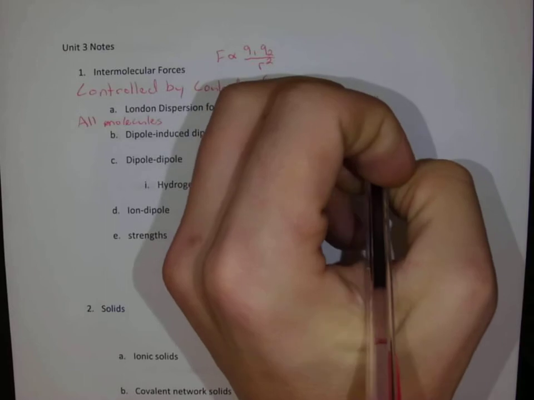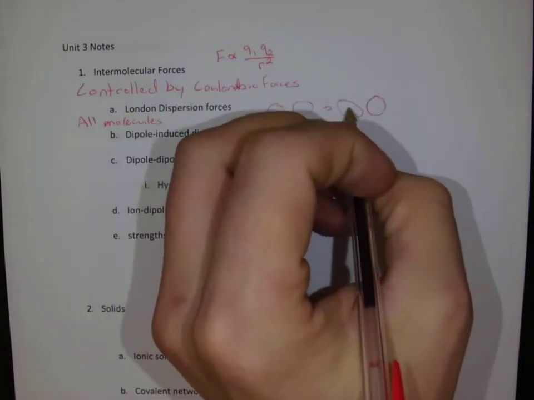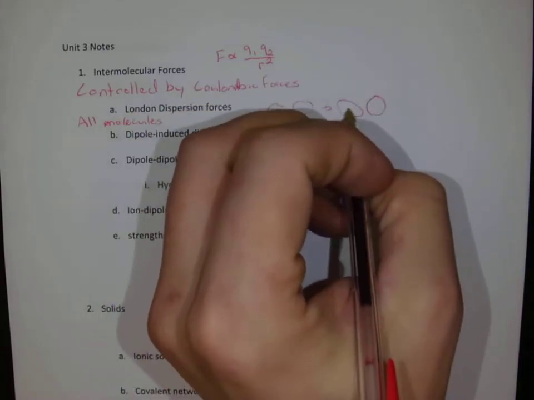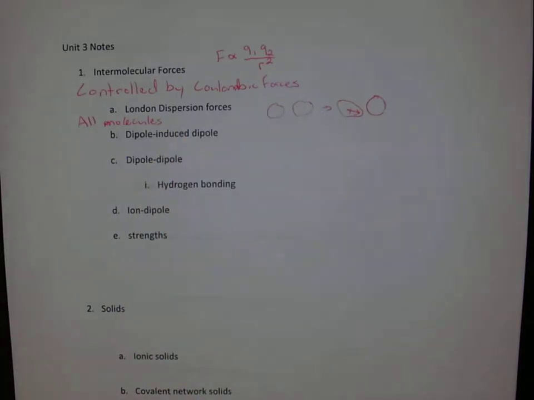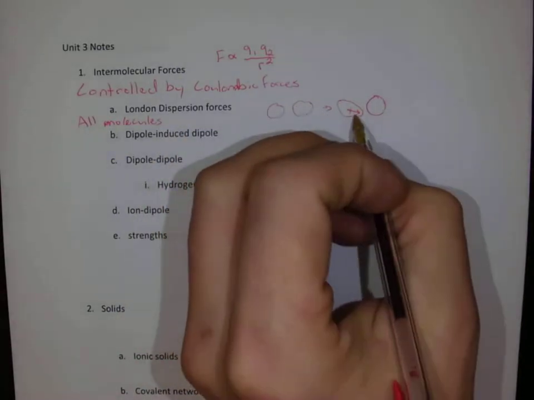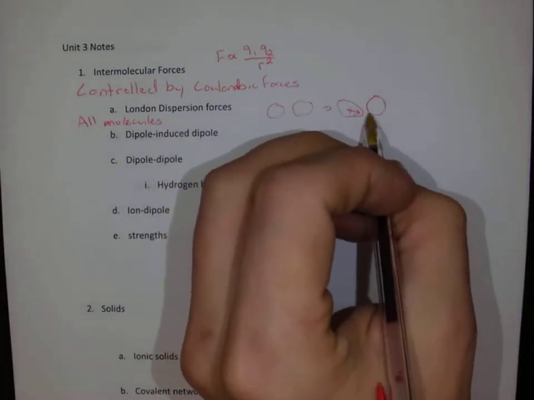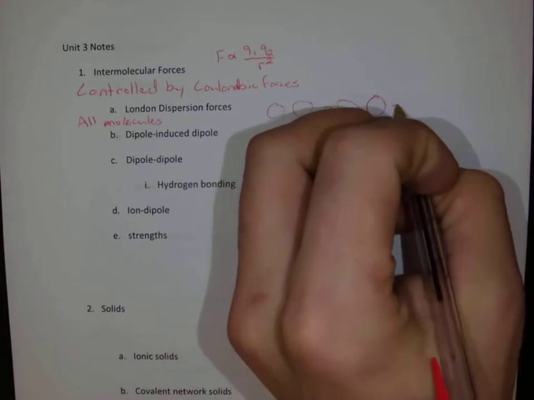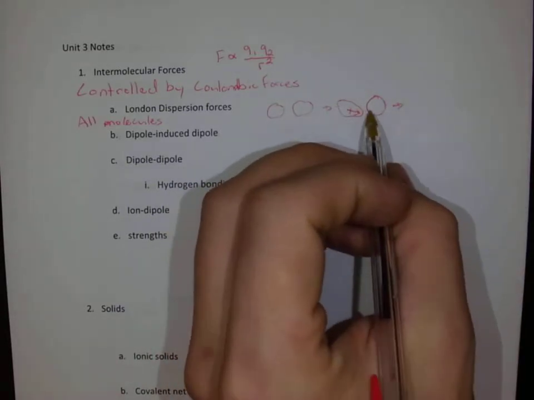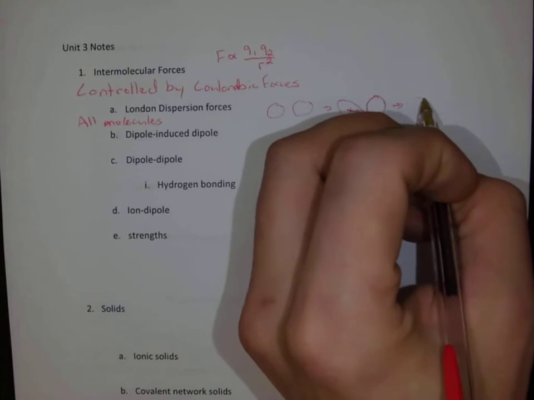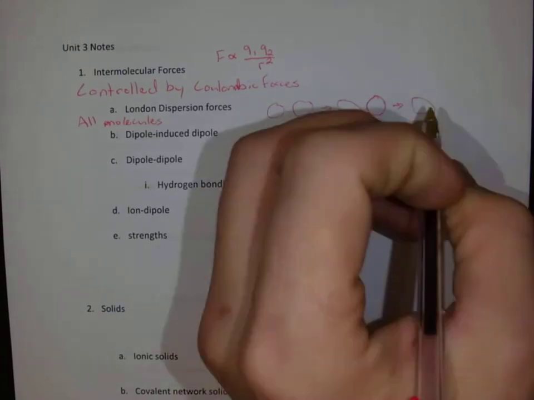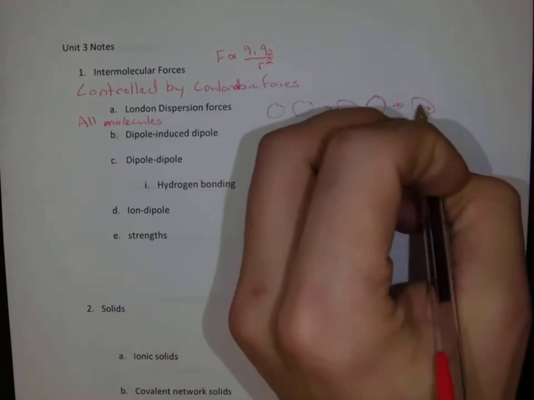So if that electron cloud looks like this, right, maybe we've got a dipole that kind of points this way. What that's going to do is it's going to interact with this other molecule, and it's going to push those electrons away. So maybe, if I try and draw this again kind of the same way, we've got this dipole here.